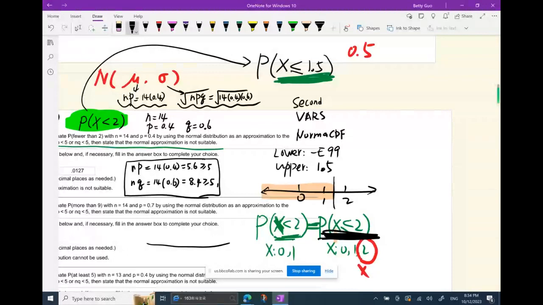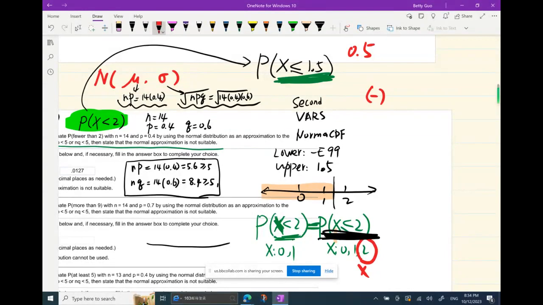The lower bound of the interval is negative infinity, so you're gonna enter negative E99. We have been talking about that for a while. How do you find the negative sign, not the minus sign? How do you find the E, second comma, and 99?